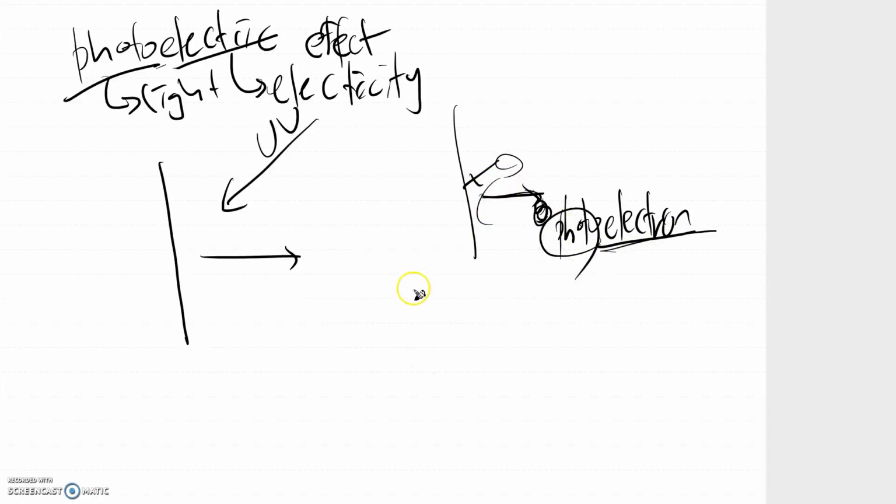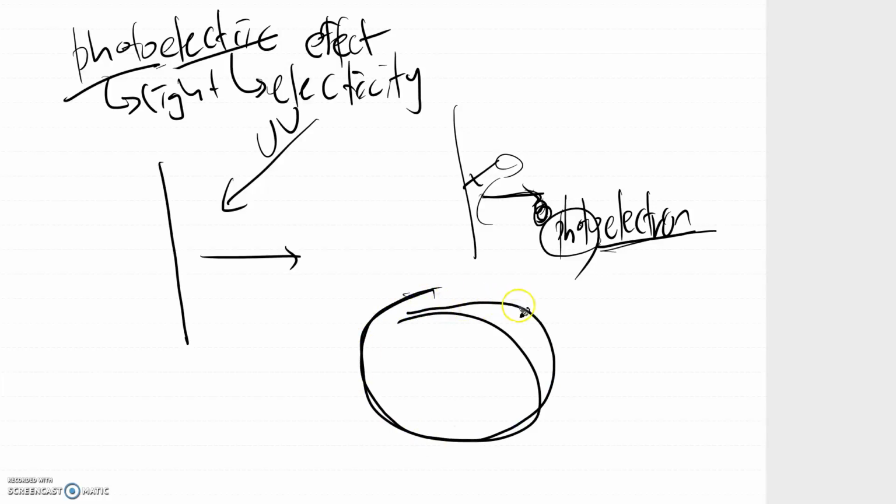What actually happens in this phenomenon is that when you have an atom of a metal, there is an electron of the atom, and when you get radiation onto it, this thing gets excited. It gains energy, so it goes up.